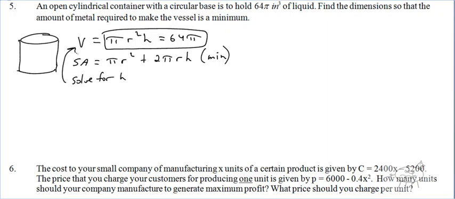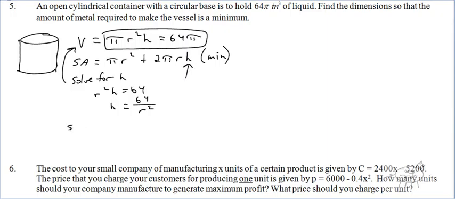So anyway, I divide everything by pi, so the pi's cancel, and I get r squared h equals 64, and so h is equal to 64 over r squared. All right, and then I can plug that into my nice little friendly formula here, because I'm trying to minimize that.